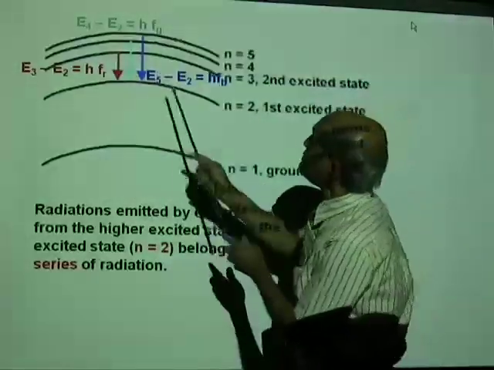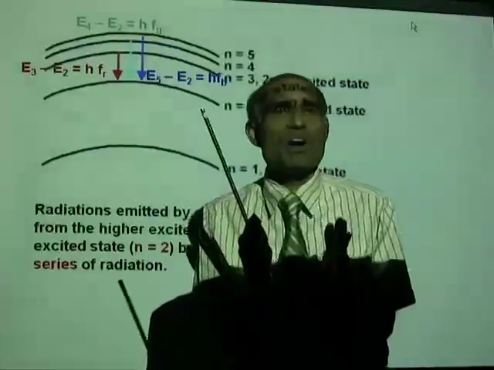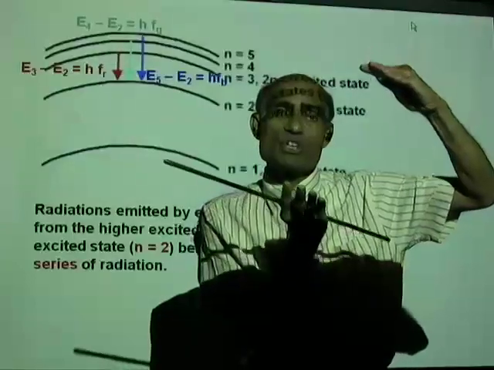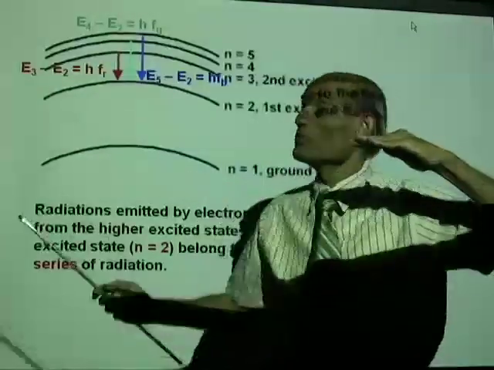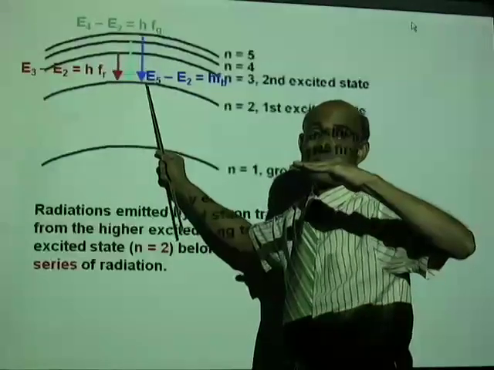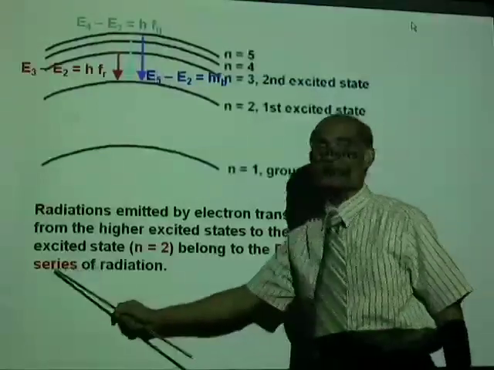Now, these radiations emitted when all the excited electrons jump back to the first excited state, n equal to 2, are called the Balmer series.